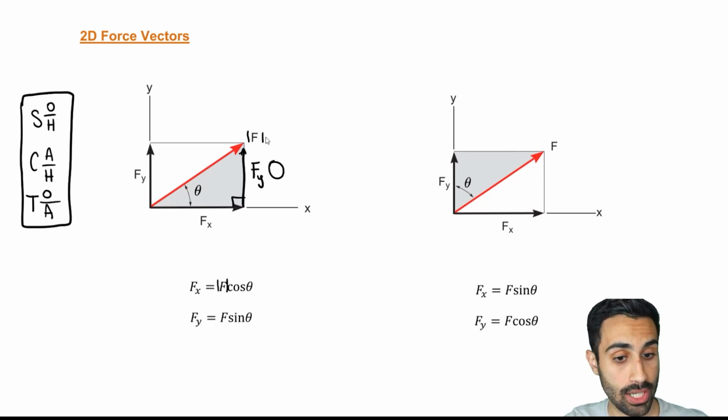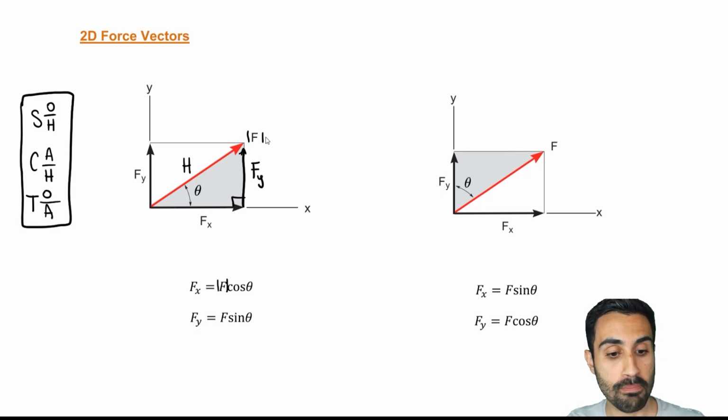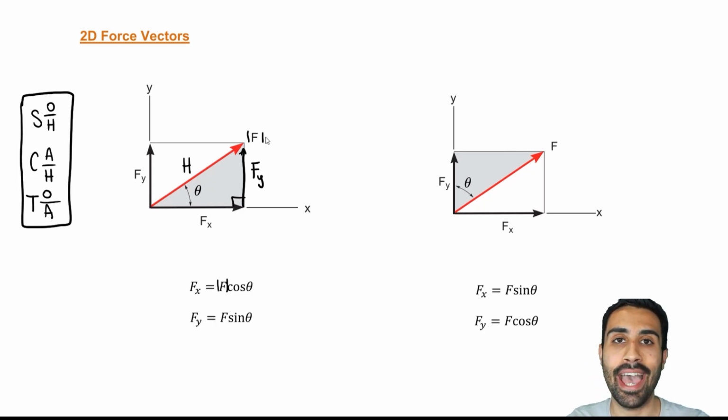The opposite side, O for opposite. And here, the force magnitude, which is the one in red, would be the hypotenuse side. So here, with respect to the angle, we know we're dealing with the opposite and the hypotenuse. Which one is it? The sine. So S stands for sine. So here, our Fy component is the sine. It has to be that.